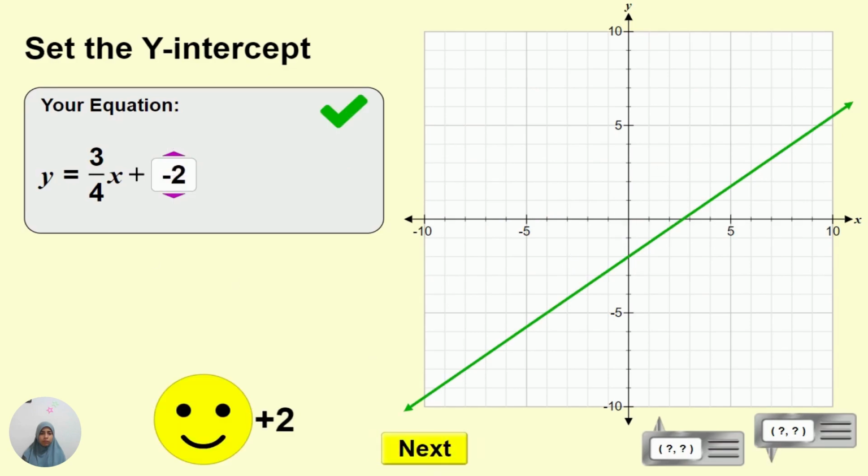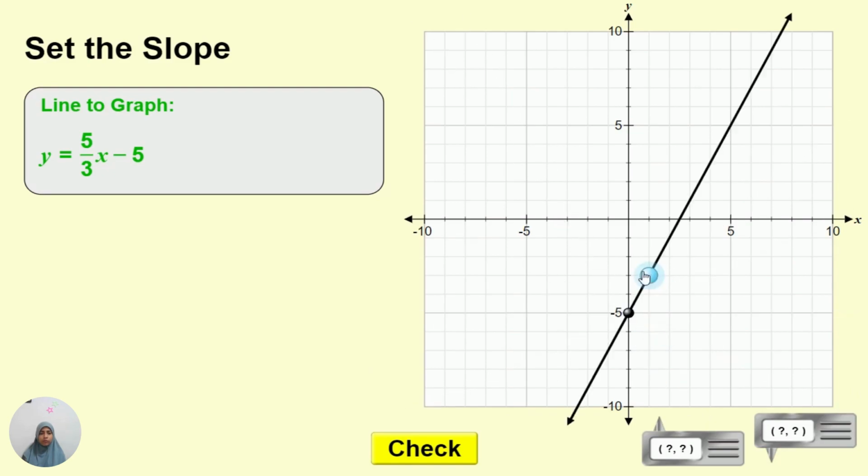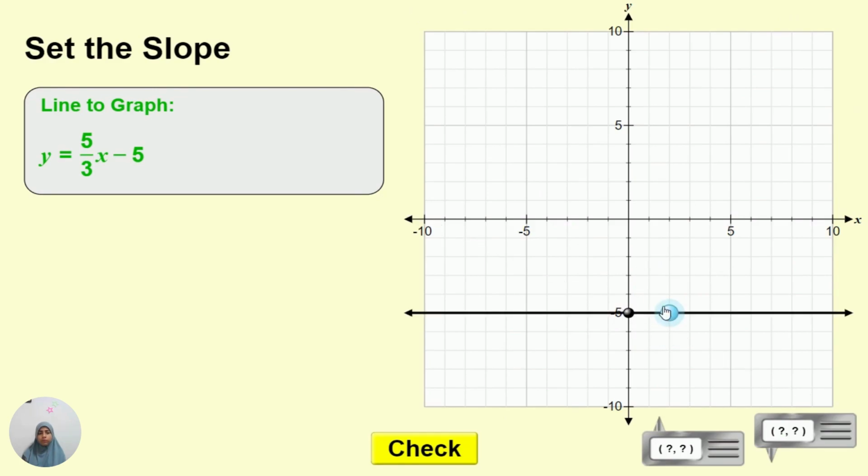Check and correct. Here we have to set the slope. The point is already on the intercept. Now we just have to set the gradient or the slope. The gradient is telling me that the rise is 5 and the run is 3.